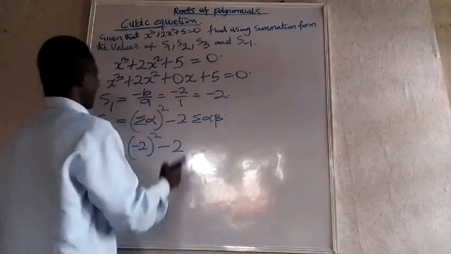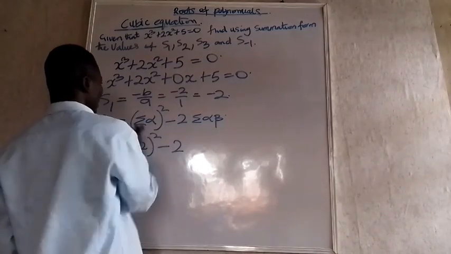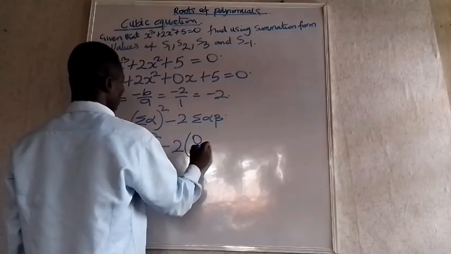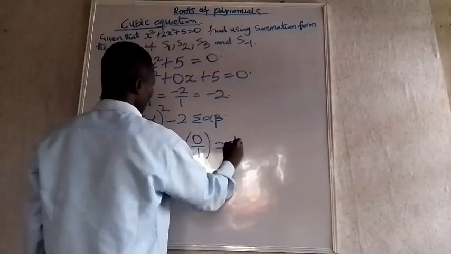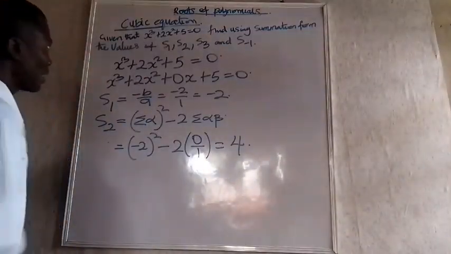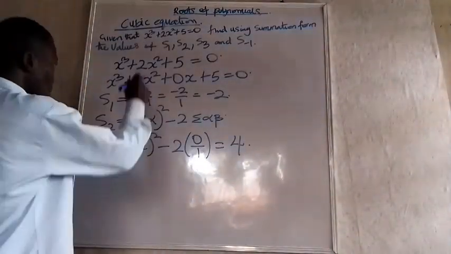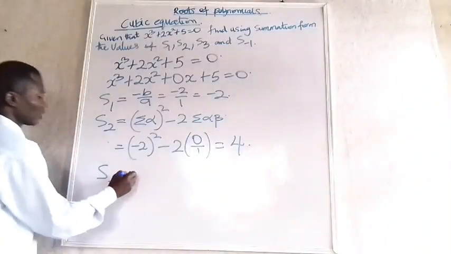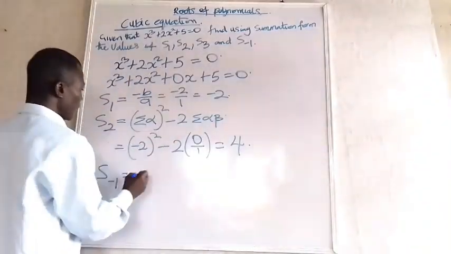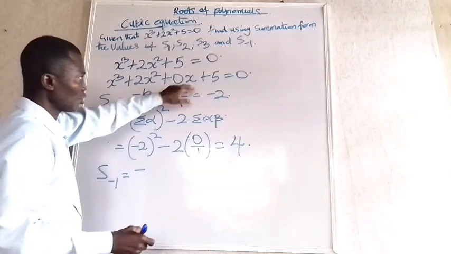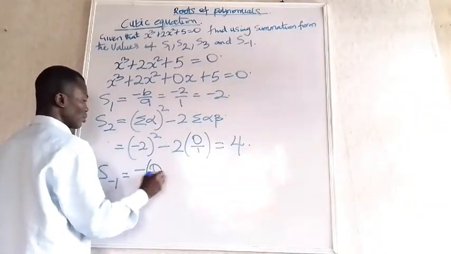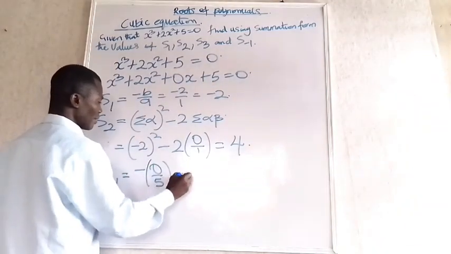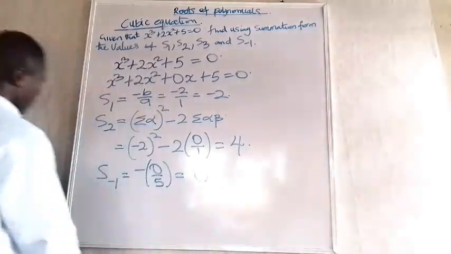What is summation alpha beta? That is c over a, 0 over 1. This is 4. Now, for s cubed, I work that out to be clear. But we know what s minus 1 is equal to minus the coefficient of x over the constant, minus 0 over 5, and that is 0.